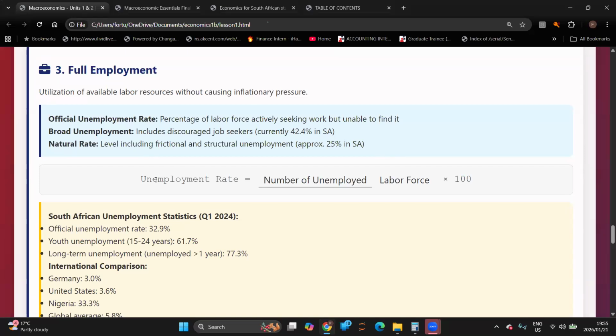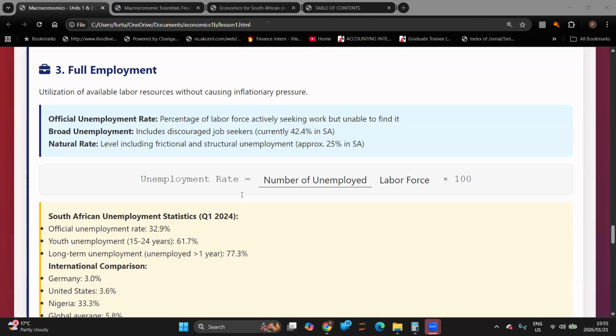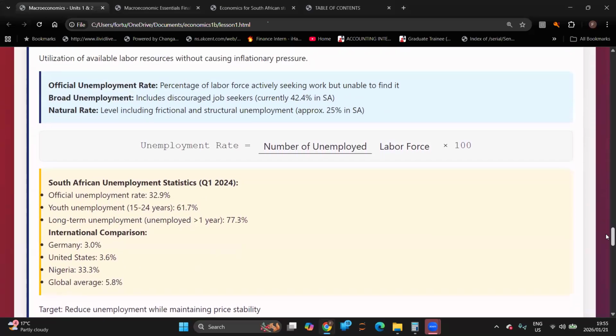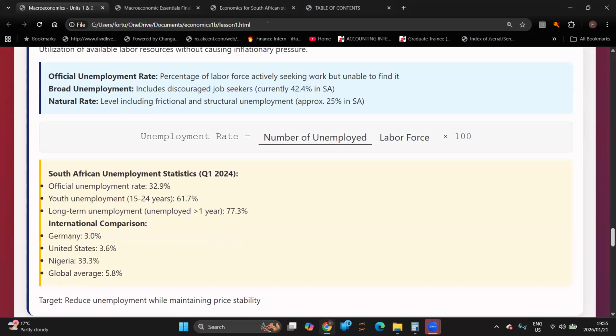So the unemployment rate is calculated as the number of unemployed individuals divided by what we refer to as the labor force. So the labor force is made up of both the unemployed individuals plus the employed individuals. So in terms of that, you would have a calculation of the unemployment rate.